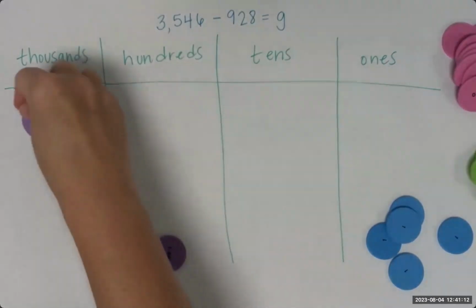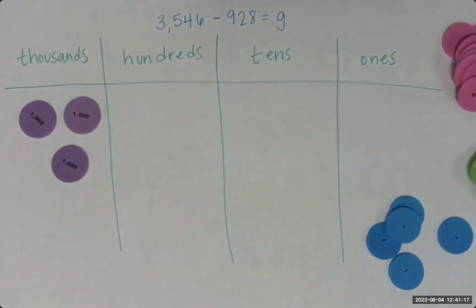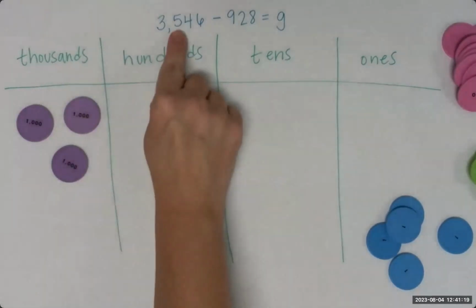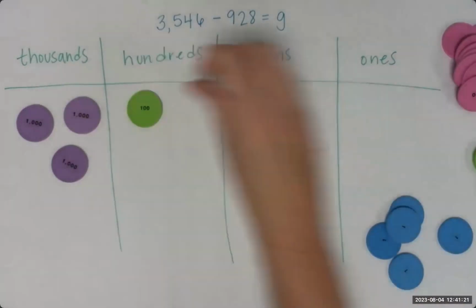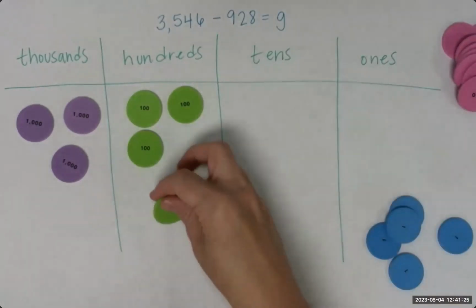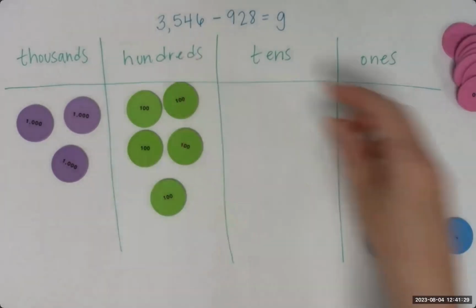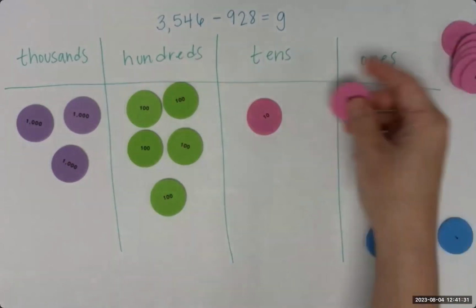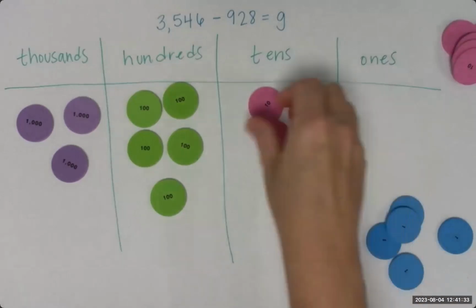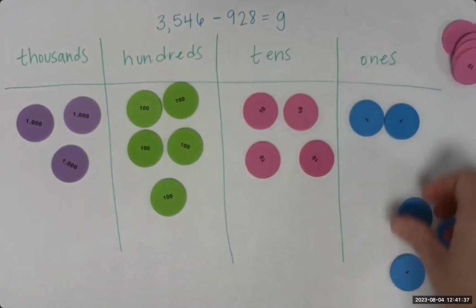I have 3,000s. I have 500s. I have 4 10s. And then finally, I have 6 1s.